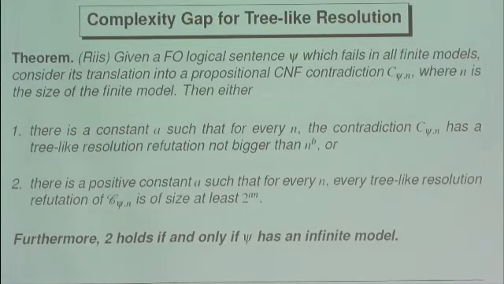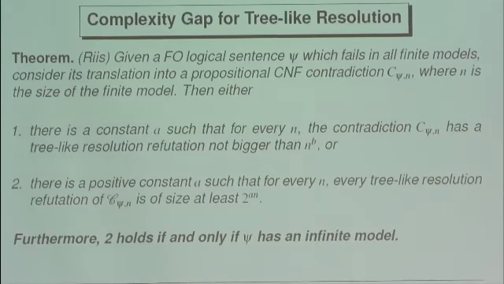Well, to motivate the first ever result that we produced after we gave all these definitions, we will look at what is called a complexity gap for tree-like resolution. And that is a result that could be attributed to a number of people, but Søren Riis was the first who actually wrote a nice and self-contained proof and coined the name complexity gap.